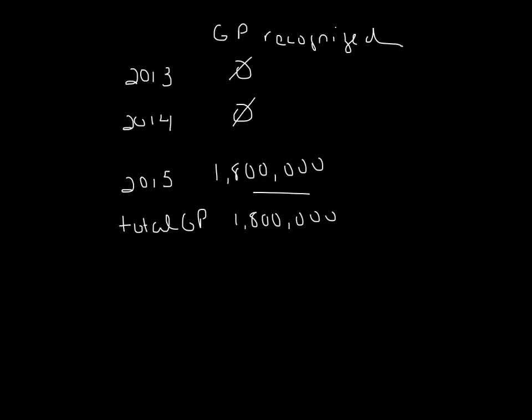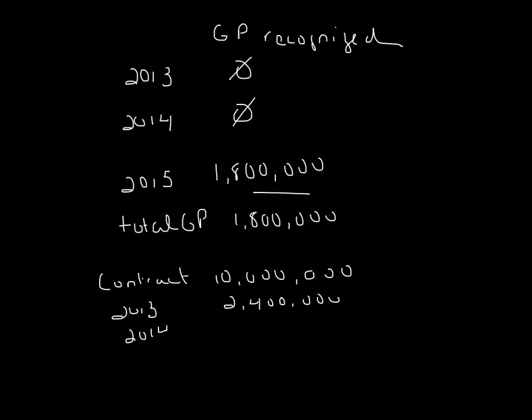And just to clarify where the 1.8 million came from, we had a $10 million contract. The contract was $10 million. And then the costs incurred during each of the years. In 2013, it was $2.4 million. In 2014, it was $3.6 million.